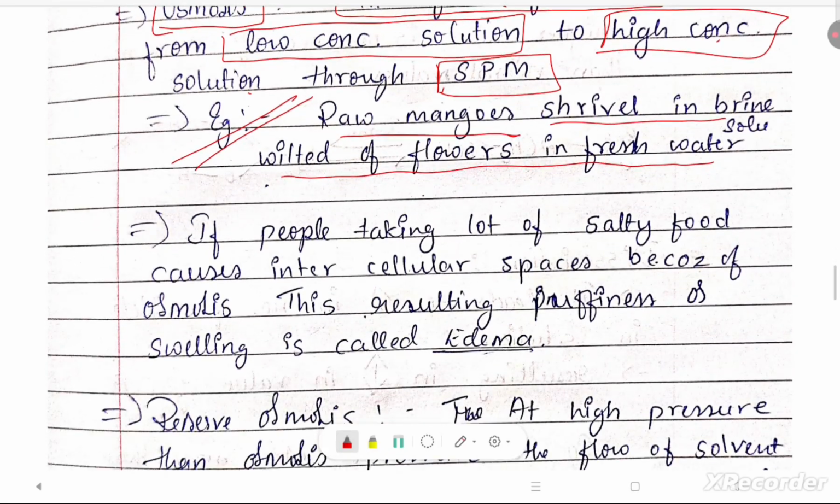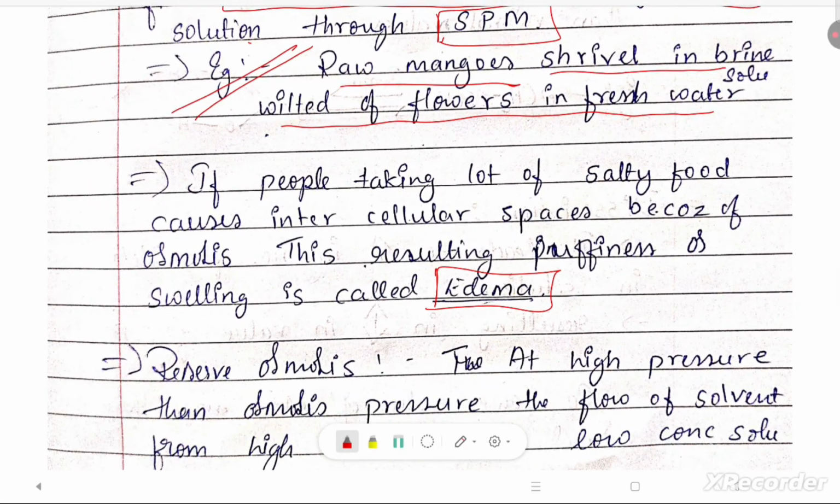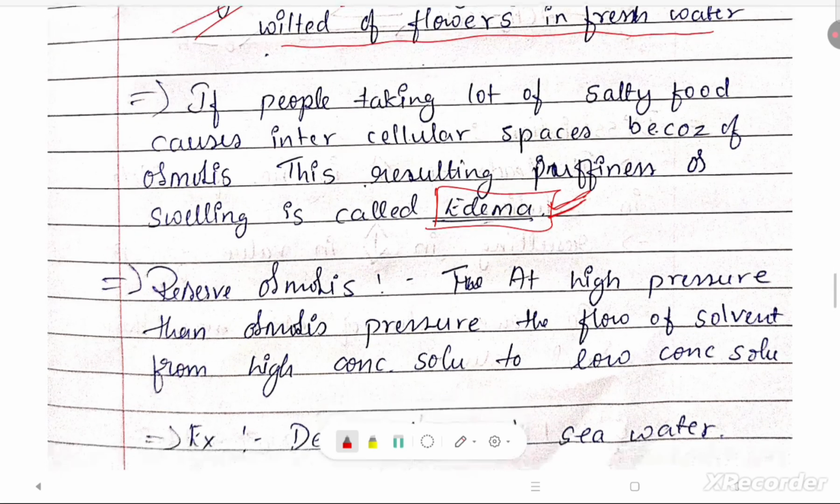Then this is an important condition: edema. If people eat a lot of salty food, it causes fluid in the intercellular spaces because of osmosis, and the resulting puffiness or swelling is called edema. Remember this edema condition also.